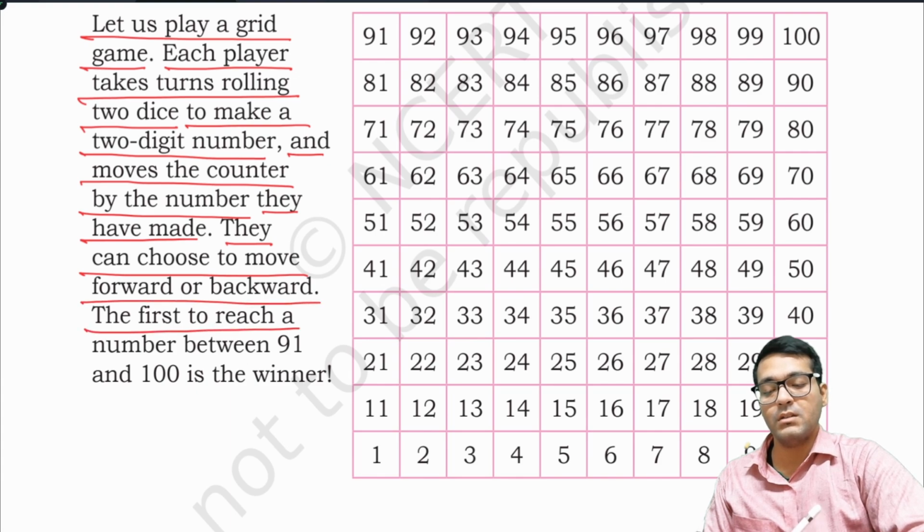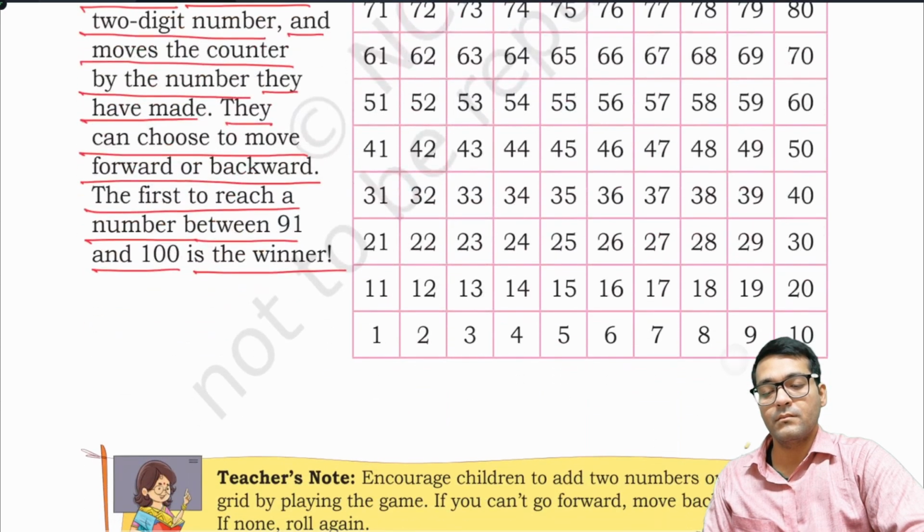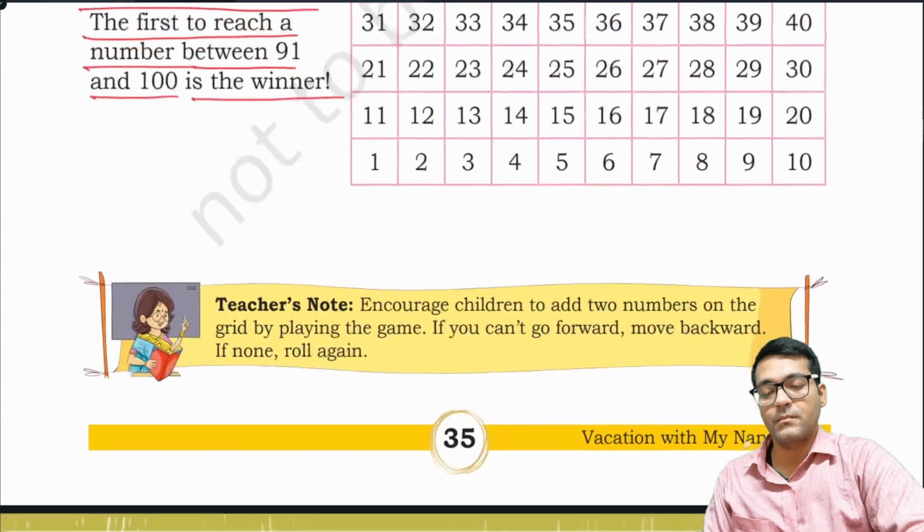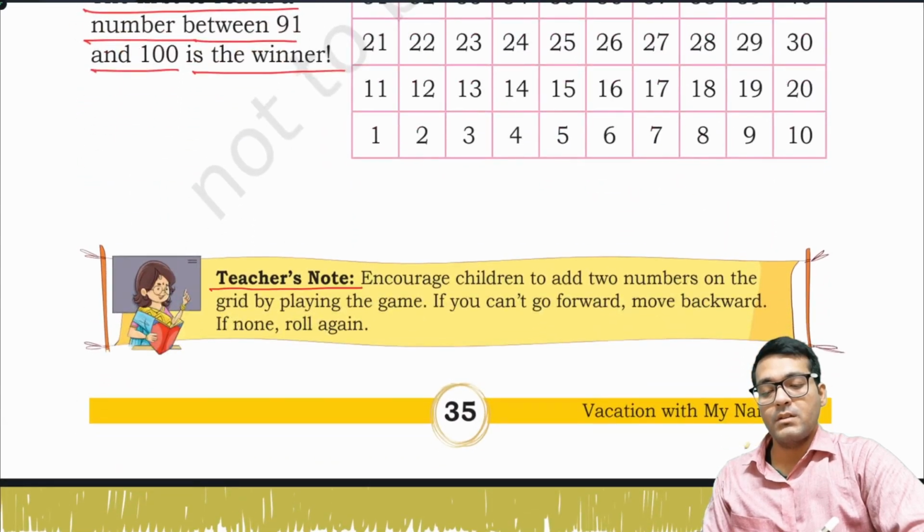The first to reach a number between 91 and 100 is the winner. Teacher's note: encourage the children to add two numbers on the grid by playing the game. If you can't go forward, move backward. If none, roll again.